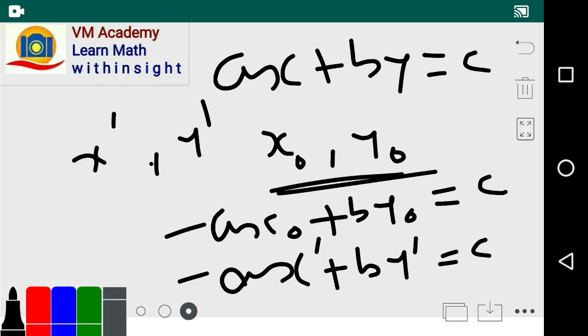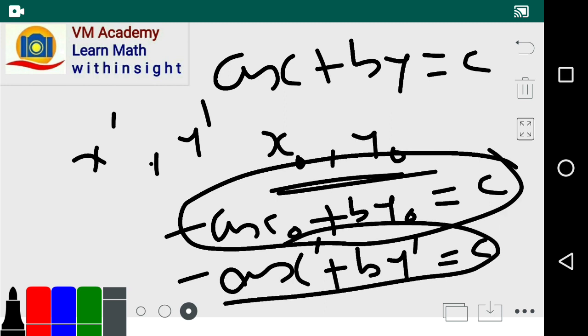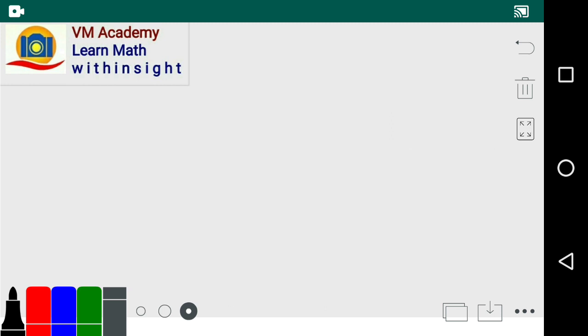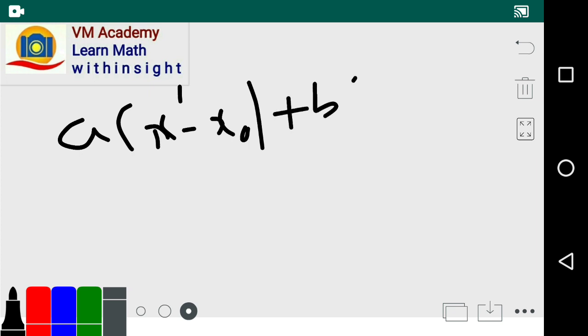If we subtract the first equation from the second equation, we get, friends, a times (x dash minus x naught) plus b times (y dash minus y naught) equal to c minus c, that is 0.